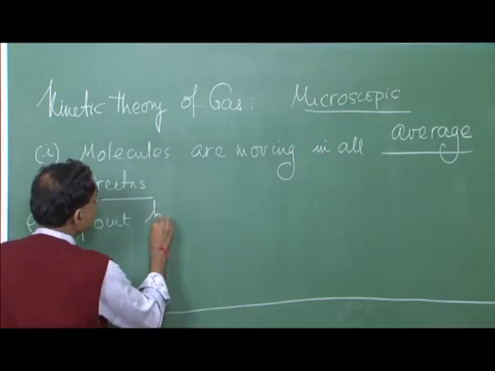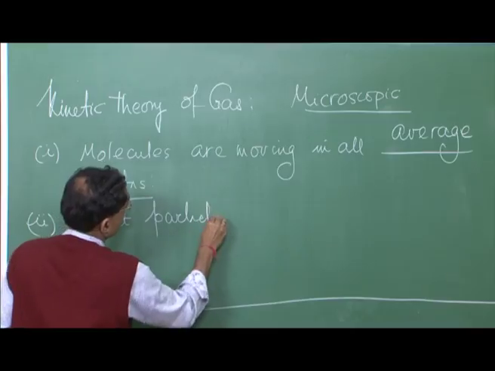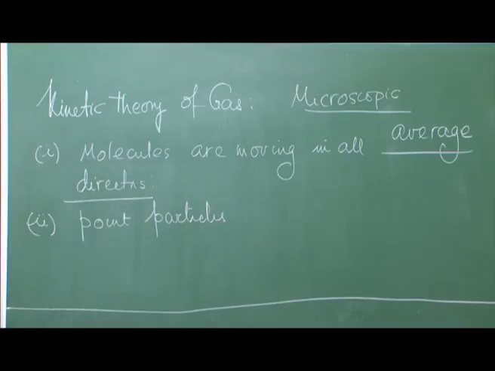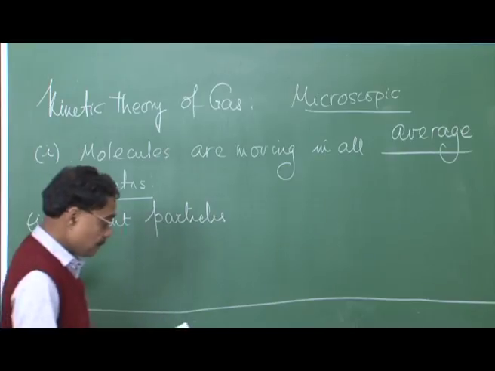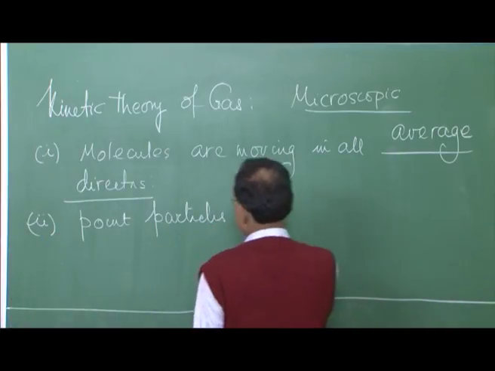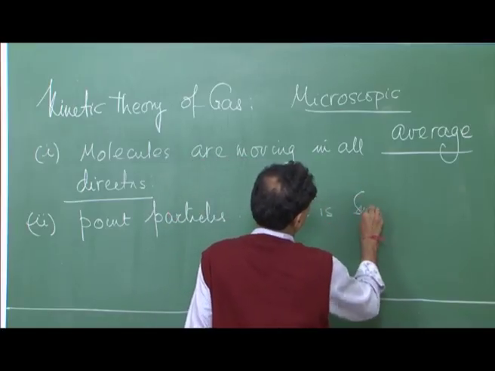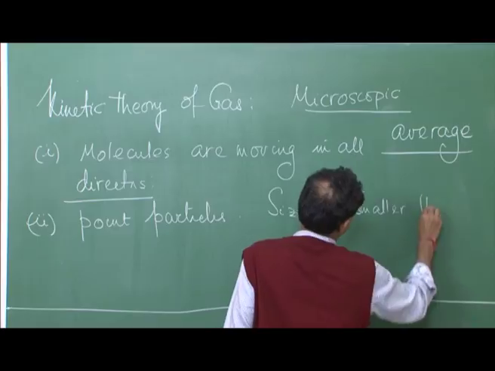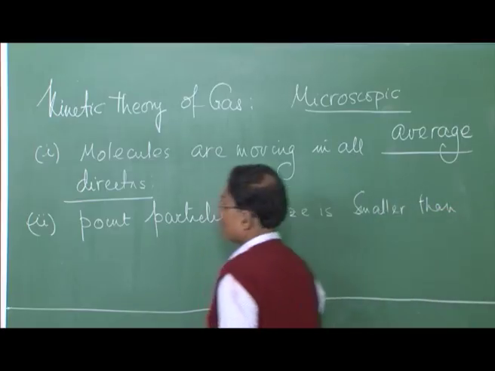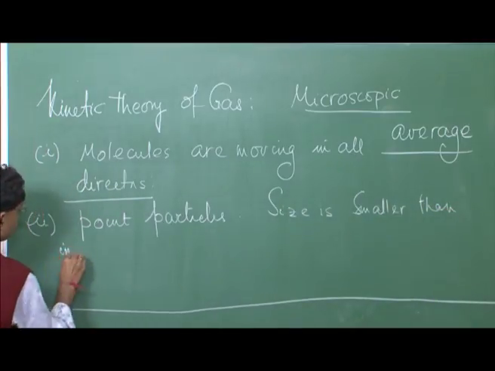I will absolutely ignore any size of the molecules, which is an approximation, but it is a good approximation as long as the size is smaller than the interatomic distance.